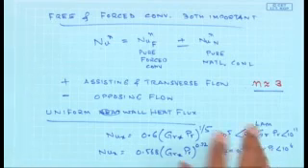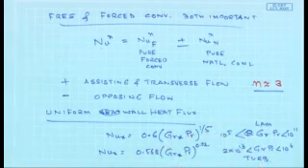My idea is not to give you too many correlations, because these correlations are available in your text. You can look it up at any point of time. What I would like you to take from this class is that I need to understand why natural convection is taking place, and since it is taking place, the pressure gradient for flow is provided by a difference in density caused by a difference in temperature.